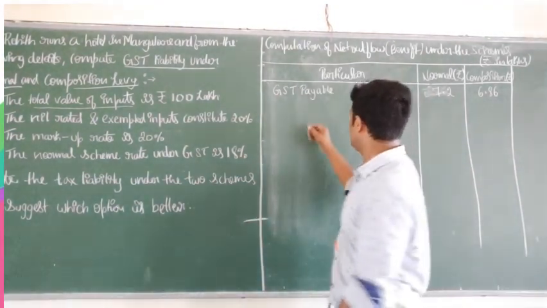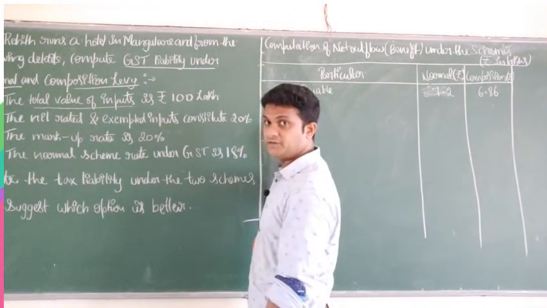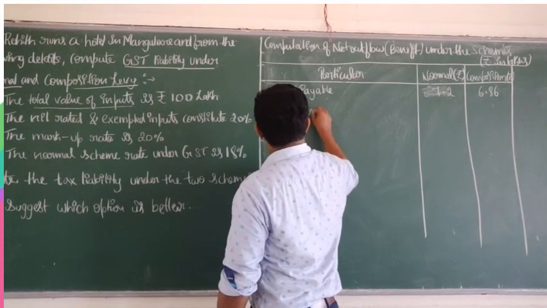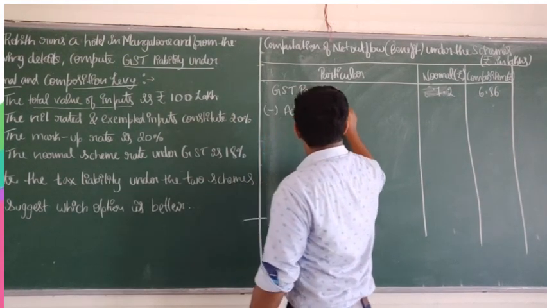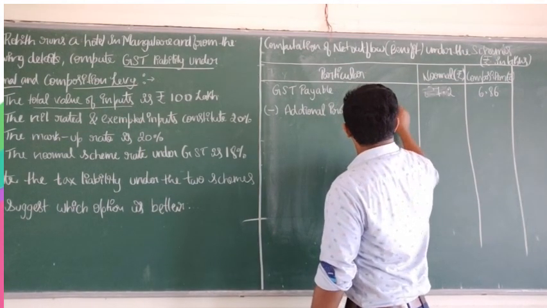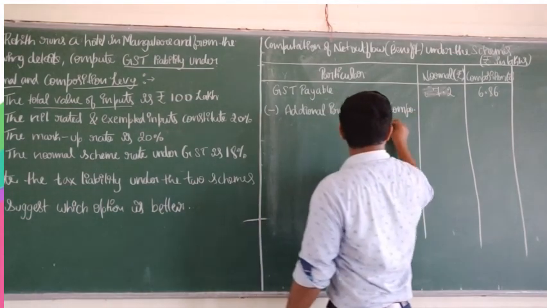So that value we have to deduct, because this is an expense and this is a profit we are speaking about, additional profit under composition scheme.